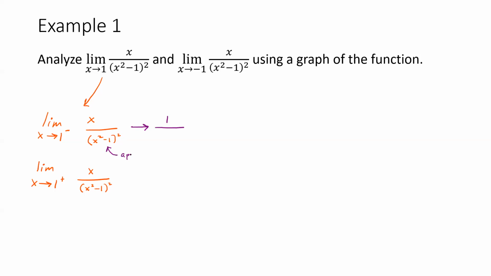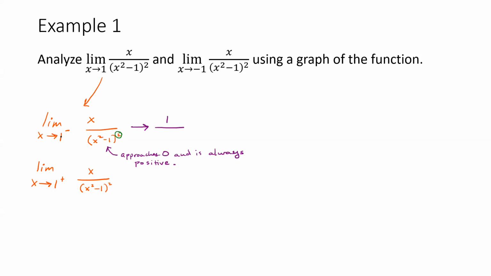So the denominator approaches 0 and is always positive. And the reason why I know it's always positive is because this power of 2 here makes it always positive. Otherwise, if that square wasn't there, it might not always be positive.